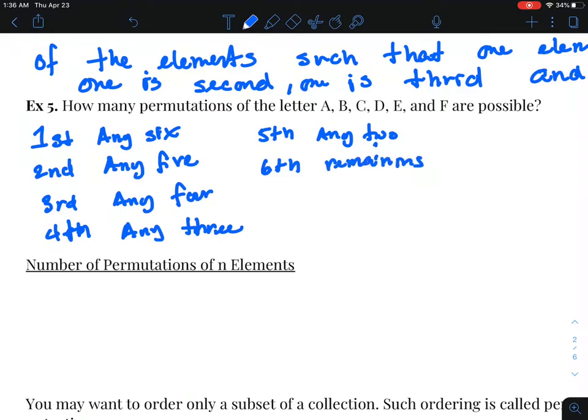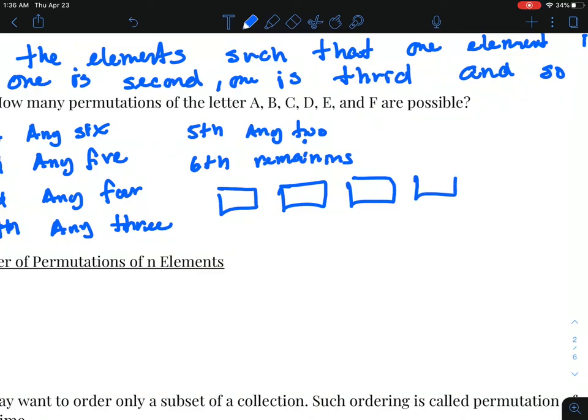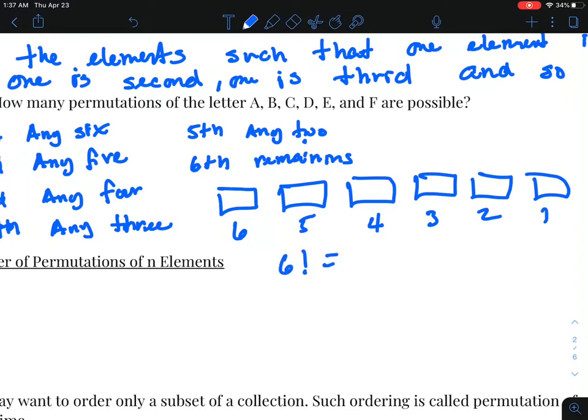Visually this is what's happening: 6, 5, 4, 3, 2, 1. That's basically 6 factorial, which is going to equal 720.